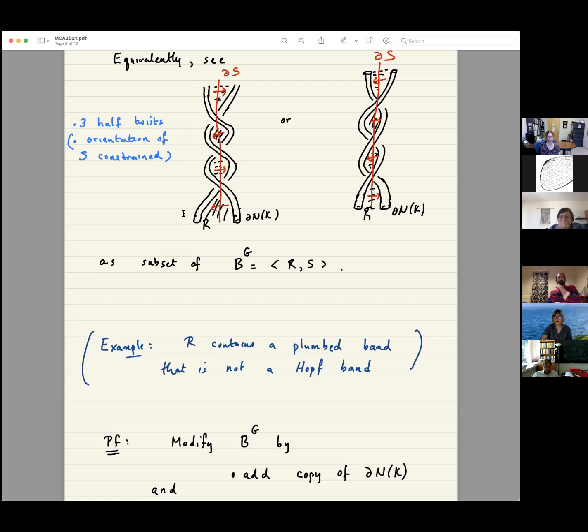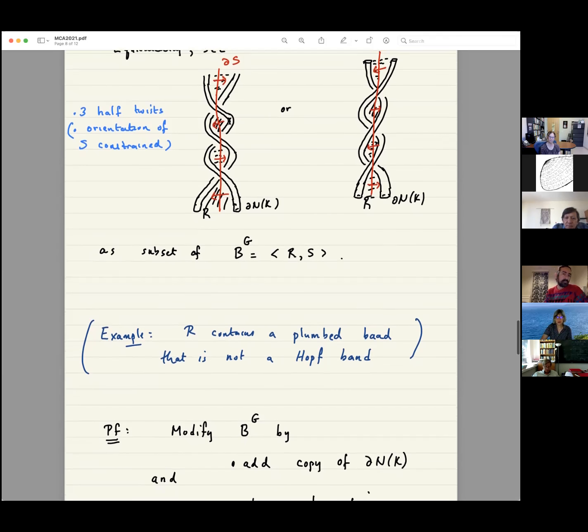So the game that Charles and I play is to say, okay, as long as we see this picture in the first two steps of a Gabai sutured manifold decomposition, if you can cut open along S so that the resulting sutured manifold is taut, then we can play games so that instead of just realizing some small interval of slopes, one can realize all possible slopes.